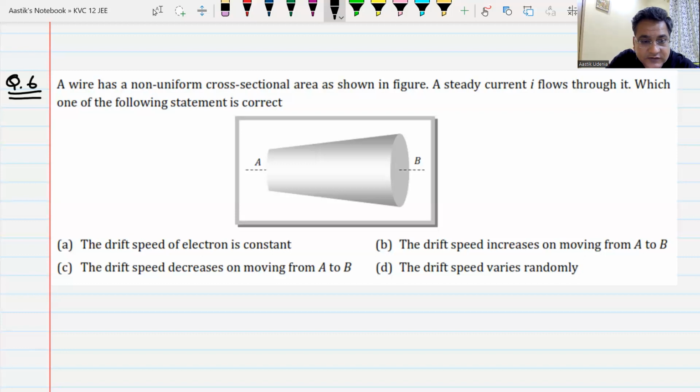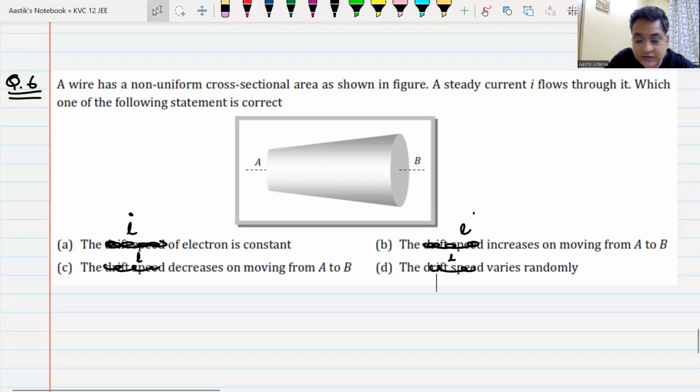I can change this question: instead of drift speed, you use current. Current. And now give me the answer. Sorry for the small correction. Now give me the answer.